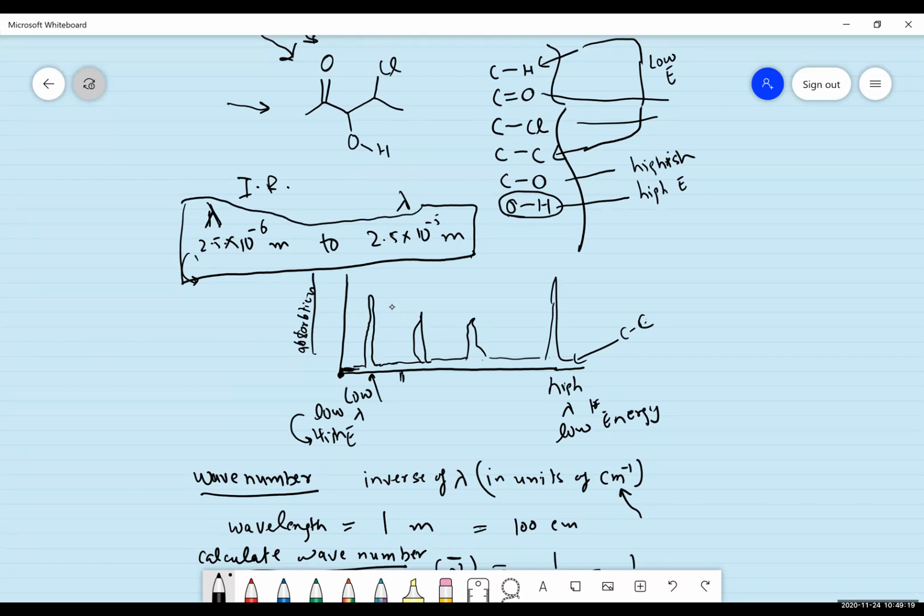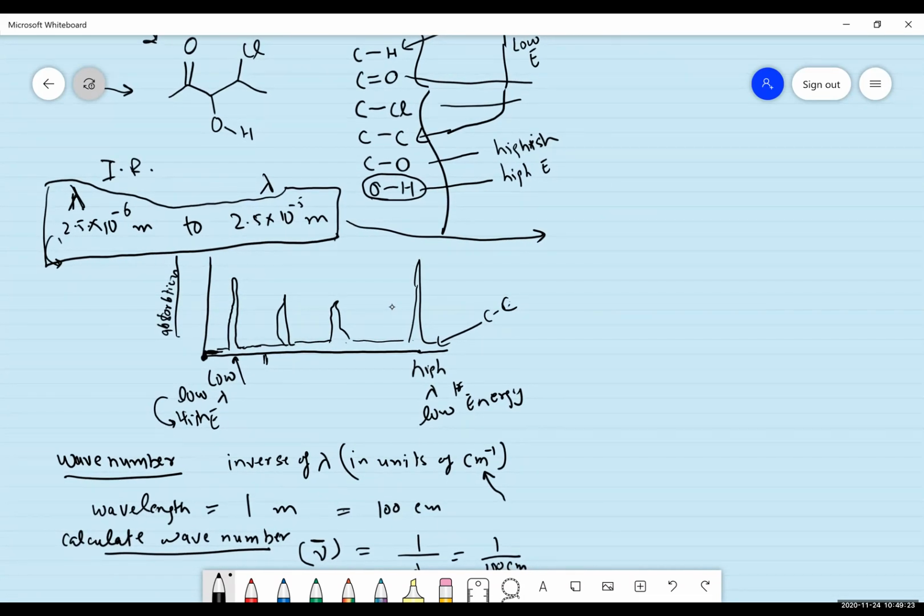So let's calculate the range in wave numbers. So first, let's calculate for this one, 2.5 times 10 to the negative 6.